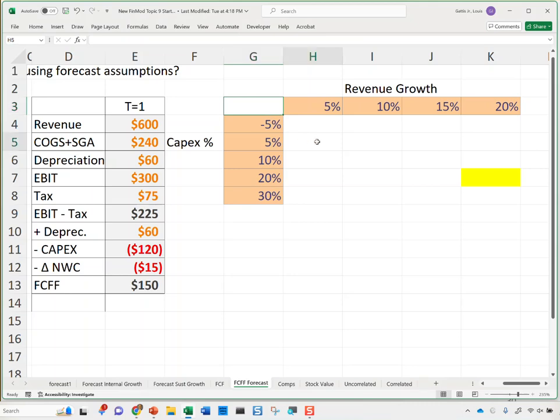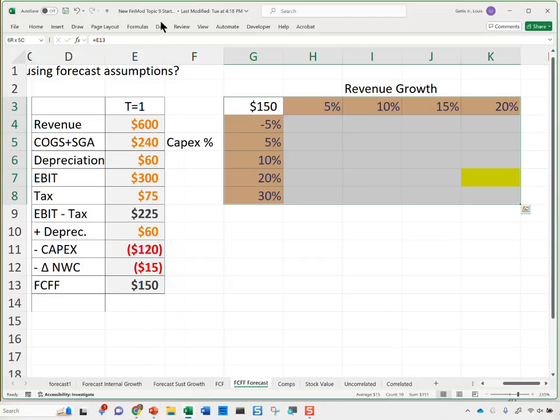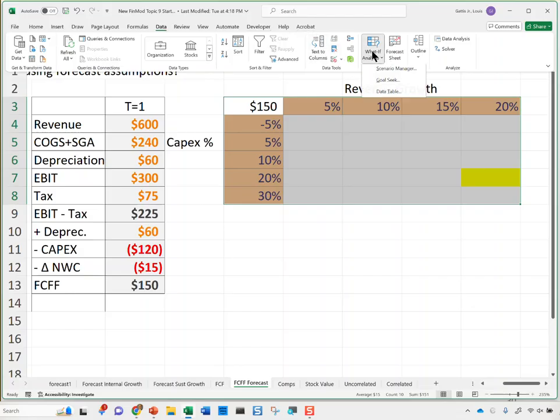To do a data table, all you need is one row of values for one parameter, revenue growth here, and one column of inputs for CapEx percent. Then I'll have a link here to the original formula that calculates FCFF. Then I'm going to select this whole area and hit Data, What If, Data Table.